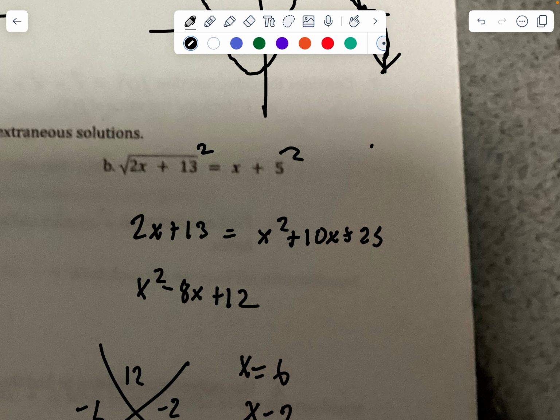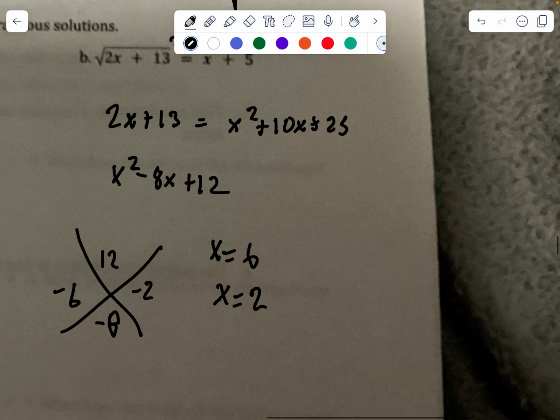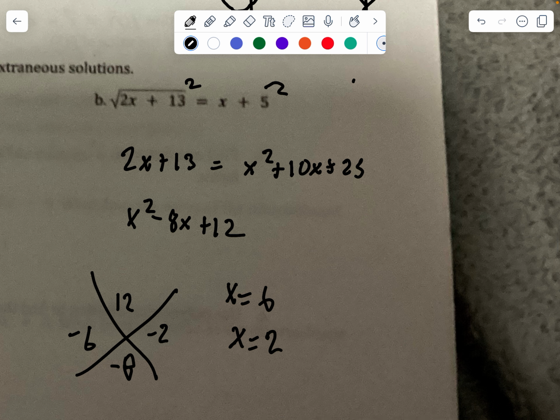Next one. Six times 2 is 12 plus 13 is 25. Square root of that is 5. 6 plus 5 is 11. So, I don't know. I got the right answers for the roots. They're just not equal.